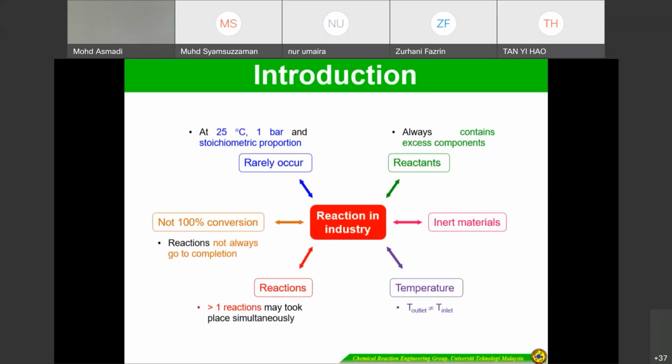Okay, so reactions in industry rarely occur at 25 degrees and 1 bar, and the reactant is always the excess component. For example, in biodiesel production from vegetable oils, the oil reacts with methanol. Generally, based on the equation, 3 moles of methanol react with the fatty acid of the vegetable oil to produce biodiesel.